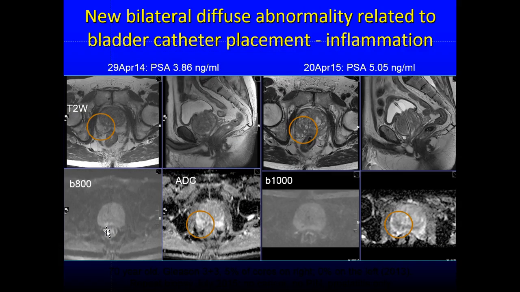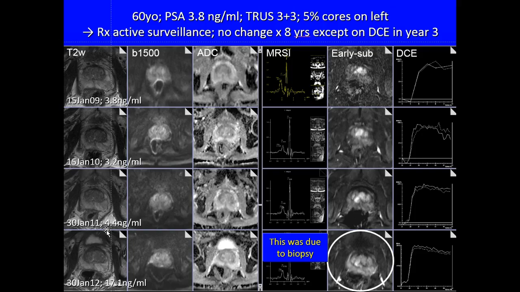So let me just show you an example. So here is a benign abnormality that's diffuse, that's bilateral, that's emerged between 2014 and 2015, and this is related to prostatitis, and you can see the placement of a bladder catheter between the two scans. If you look at this patient over here, this is the same patient that I showed you earlier, and we've now followed him to 2016.